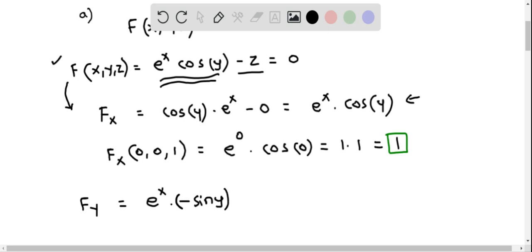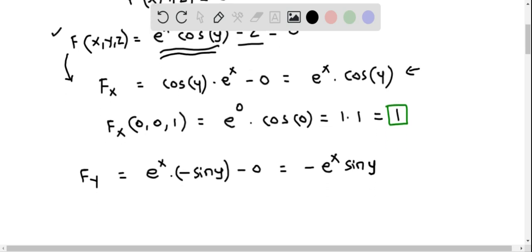And if we differentiate negative z with respect to y, it is treated as a constant, so it becomes 0. So we get negative of e^x times sine y. This is the partial derivative of f with respect to y.